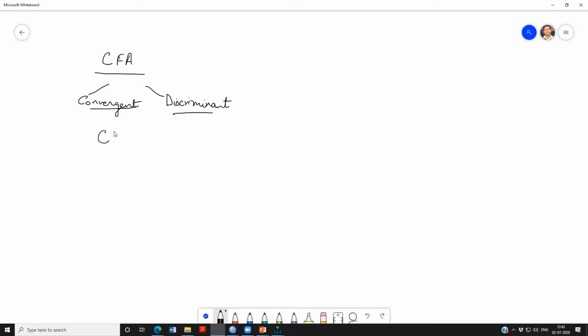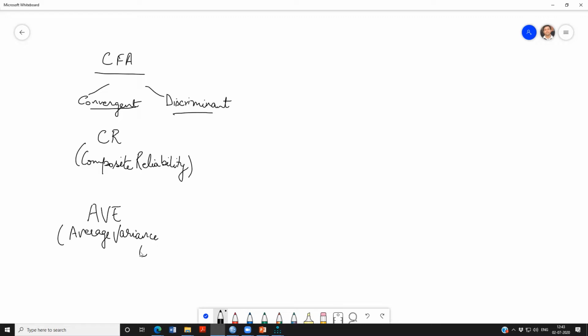So we are going to talk about these two kinds of validities, and to do that, we are going to compute two numbers. One is called CR, which is called composite reliability, and the second one is what we call AVE, which is called average variance extracted.